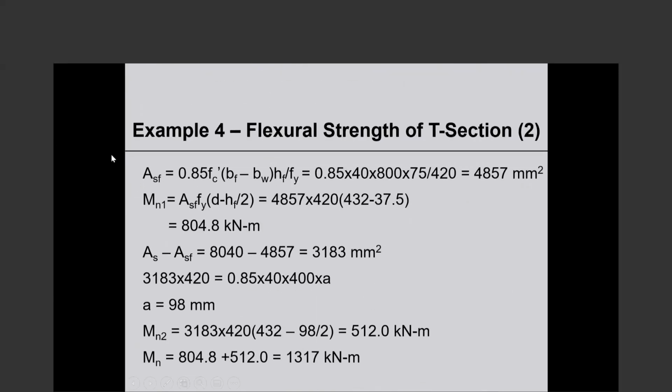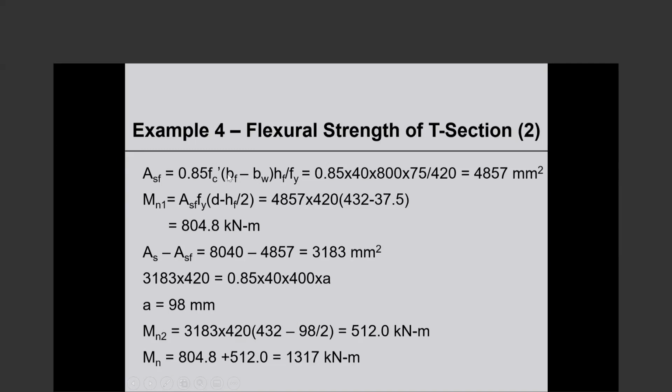So we find this equivalent reinforcement area, the reinforcement area equivalent to the overhanging flanges. The overhanging flanges have uniform compressive stress of 85% of F sub C prime. The width of the overhanging flanges is the effective flange width minus the web width.